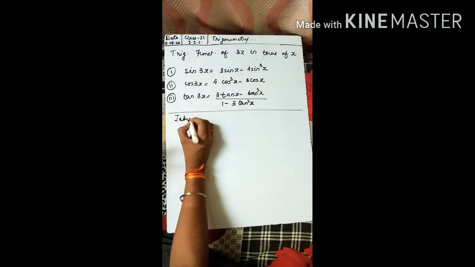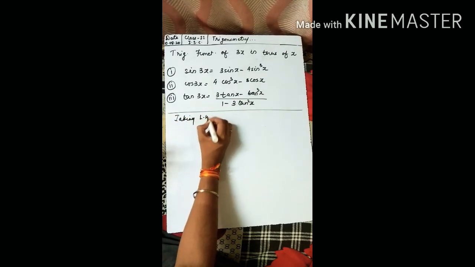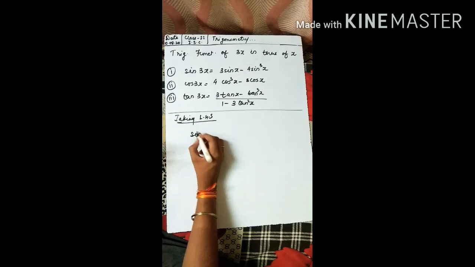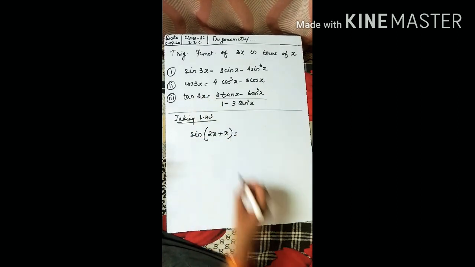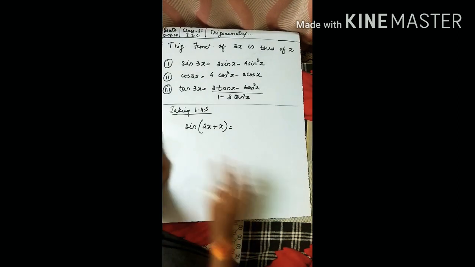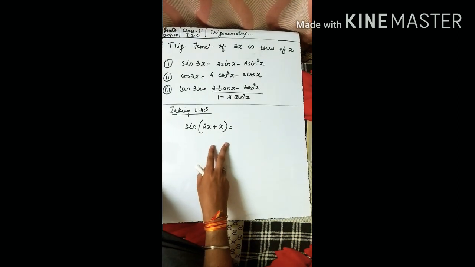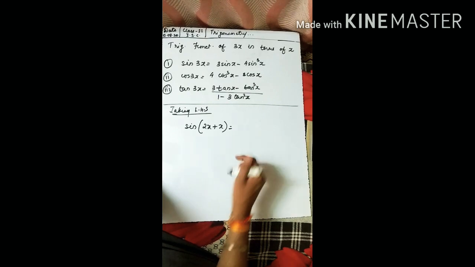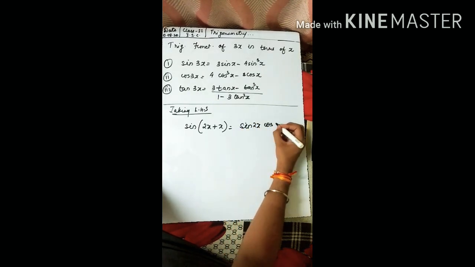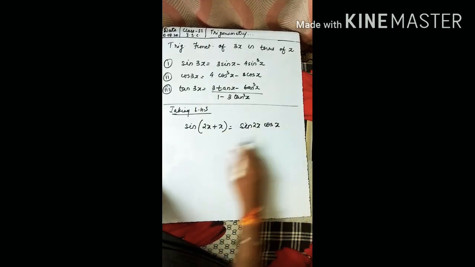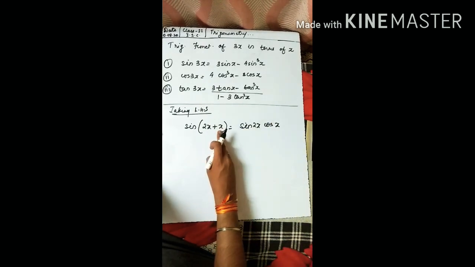Taking LHS, can we write sine 3x as 2x plus x? Yes, we can. Now apply the sine x plus y identity, which says sine x cos y plus cos x sine y. Here x is 2x and y is x.